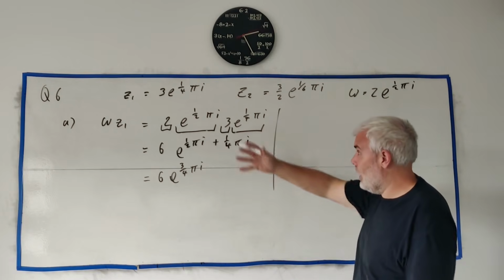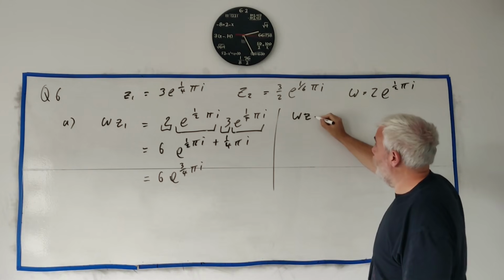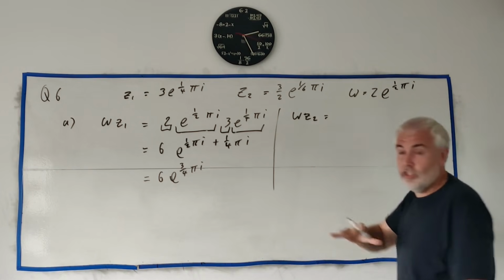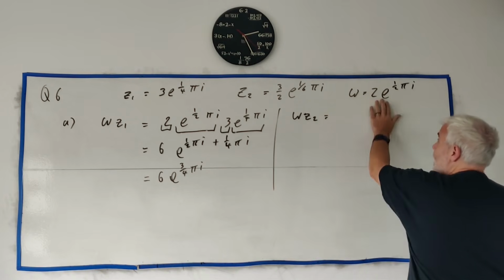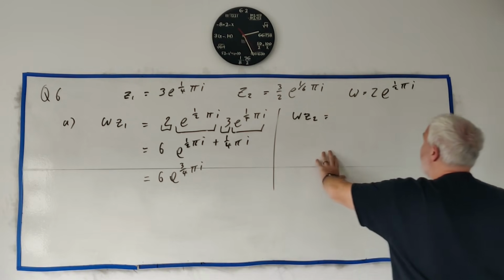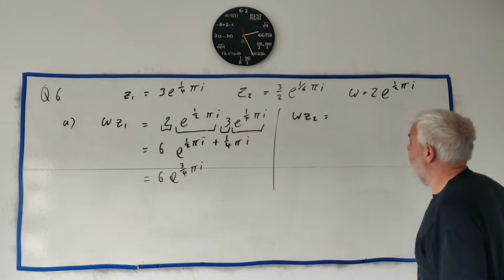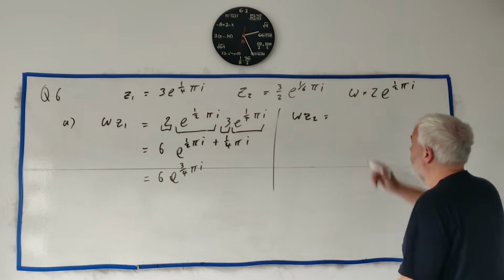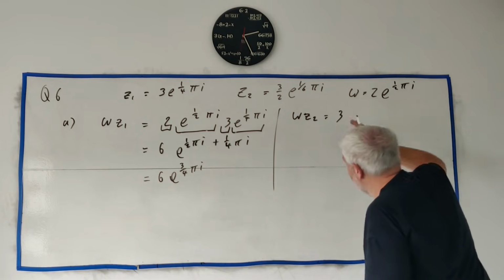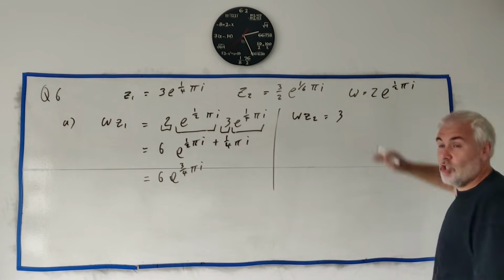And this is one of the great powers of writing a complex number like this. We can do it so quickly. This one I will do just in my head. Omega multiplied by z2: the two amplitudes, the number in front, 2 multiplied by 3 over 2, becomes 3. Then the powers, we just add them together.